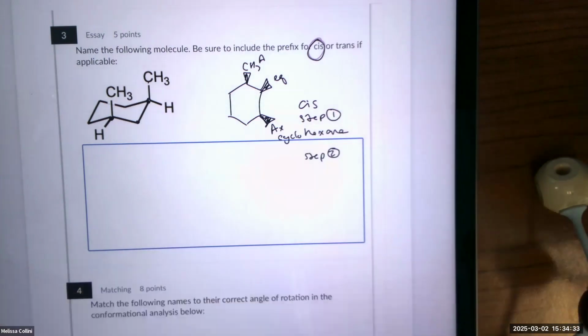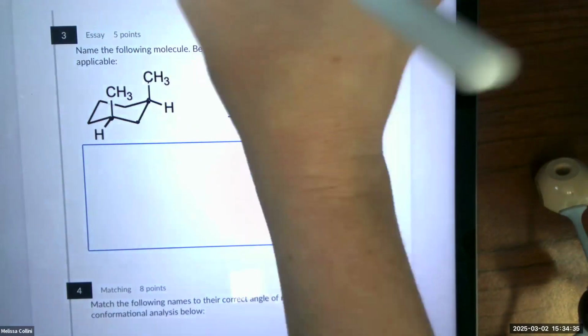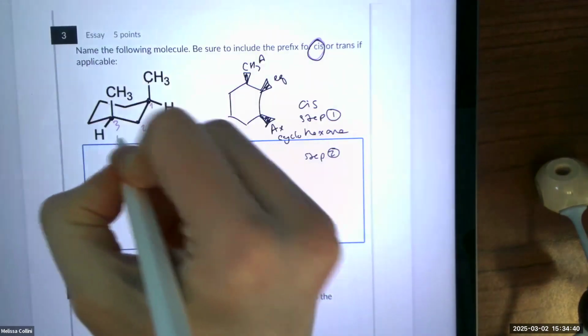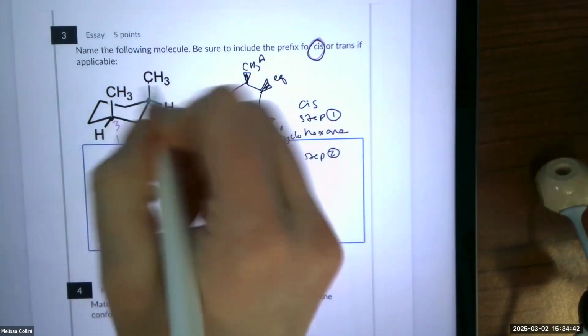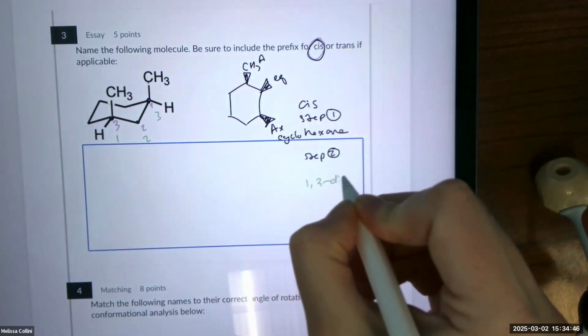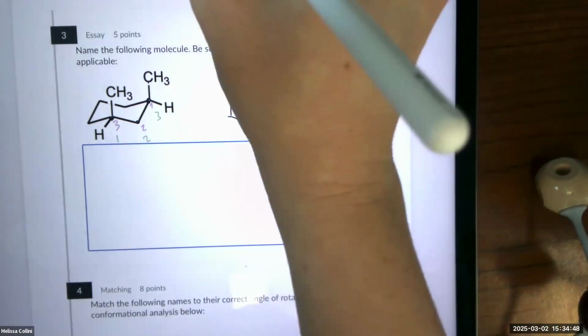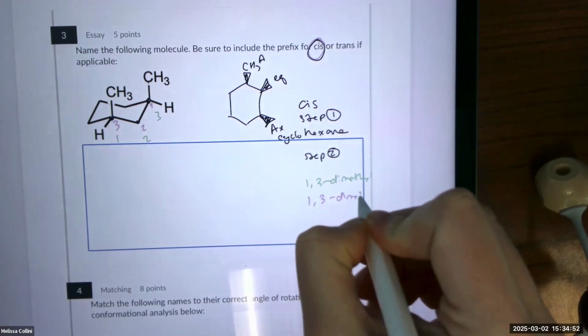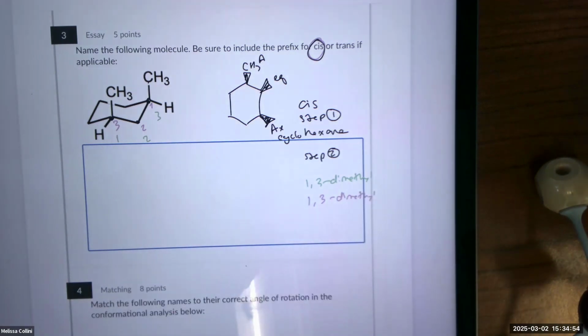Step 2, we identify our substituents. So 1, 2, 3, if we go this way, if we go the other way, 1, 2, 3. It looks like either way we have 1,3-dimethyl. So it doesn't matter which direction we start because there's a symmetry there.